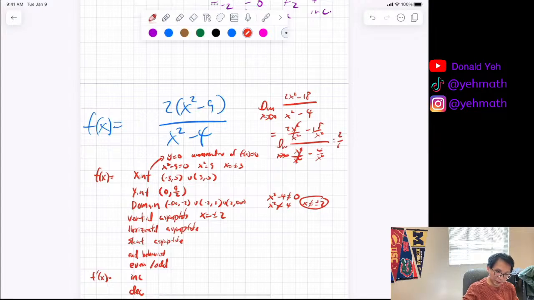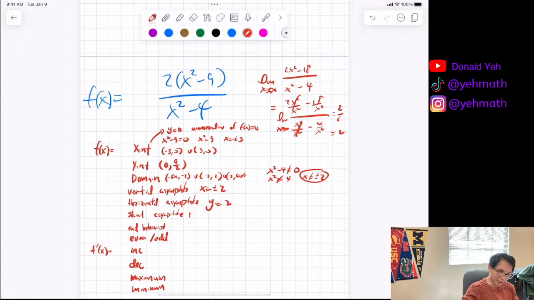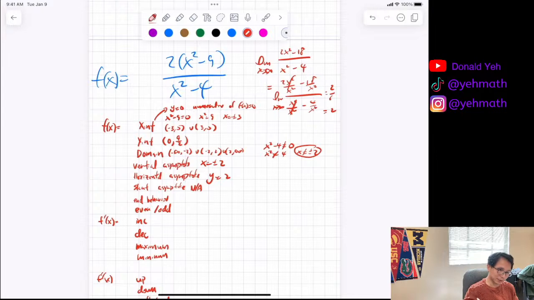So that'll be 2 over 1. So that's 2. So y equal to 2. That's the horizontal asymptote. If you have a horizontal asymptote, you don't have a slant one. And end behavior, we're not going to worry about that because in this case, it's just going to approach 2.